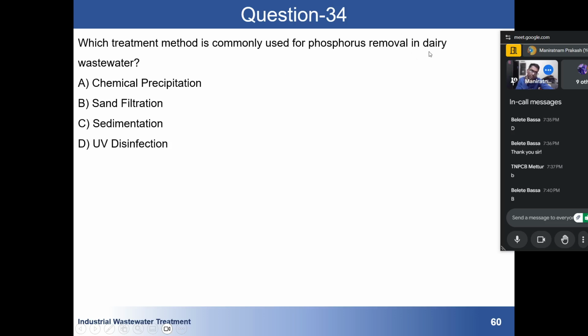Just see that in dairy we have several things: proteins, high amount of COD, BOD. Depending upon this, which of these methods can be used? A. What about others? Anyone else with a different answer, or does everyone say A?